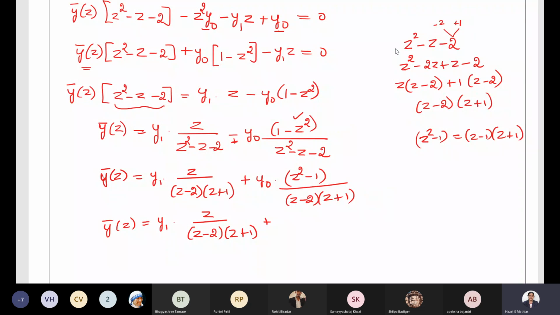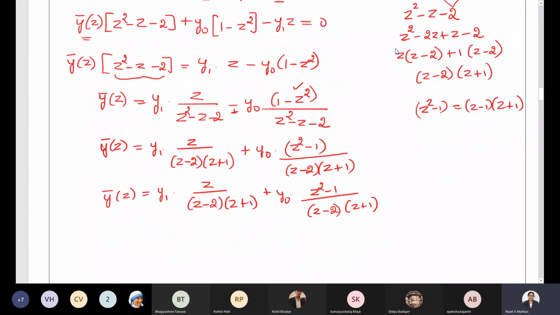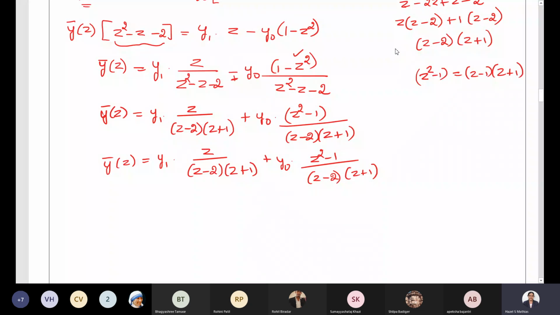We will keep this as it is. You can try after the class by cancelling the terms. Z square minus 1 into z minus 2 into z plus 1. If we cancel out z plus 1 from the numerator and denominator, what's going to happen? That's what you can do.